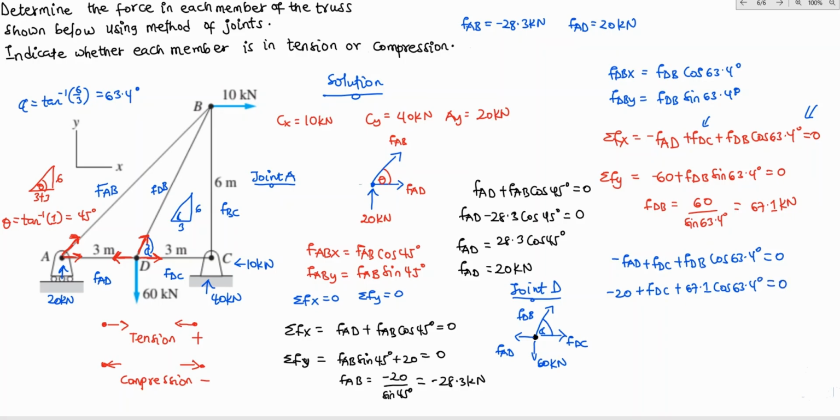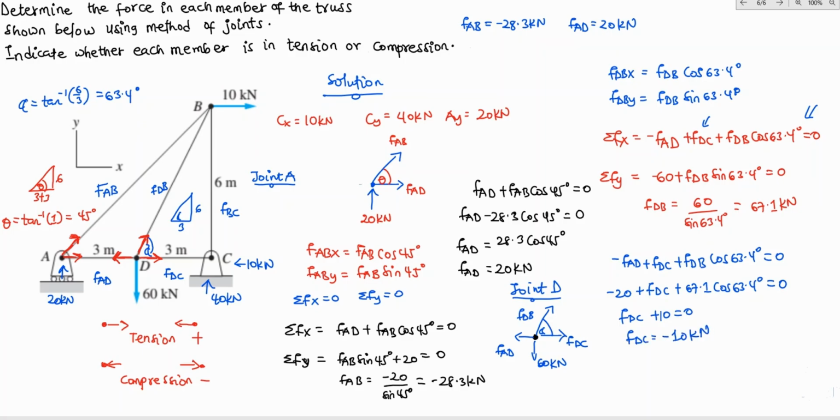This should be equal to 0. Let's add minus 20 to 67.1 multiplying cosine of 63.4 degrees. That will give us FDC plus 10, and this will be equal to 0. So then we are going to have FDC to be equal to minus 10 kilonewton.